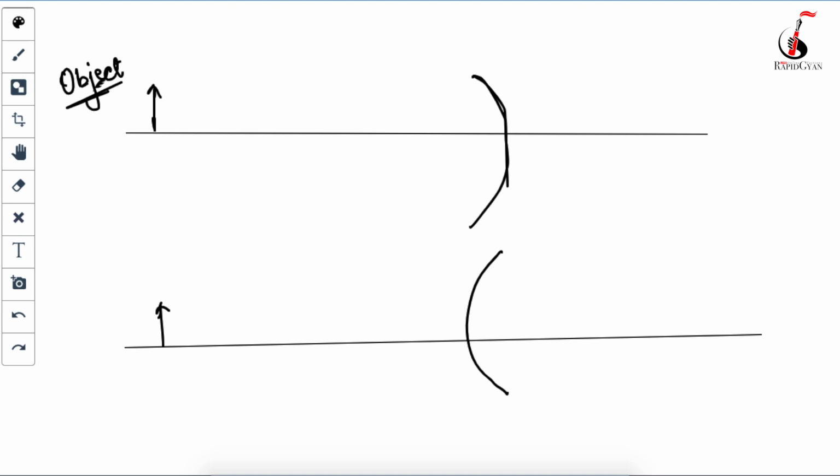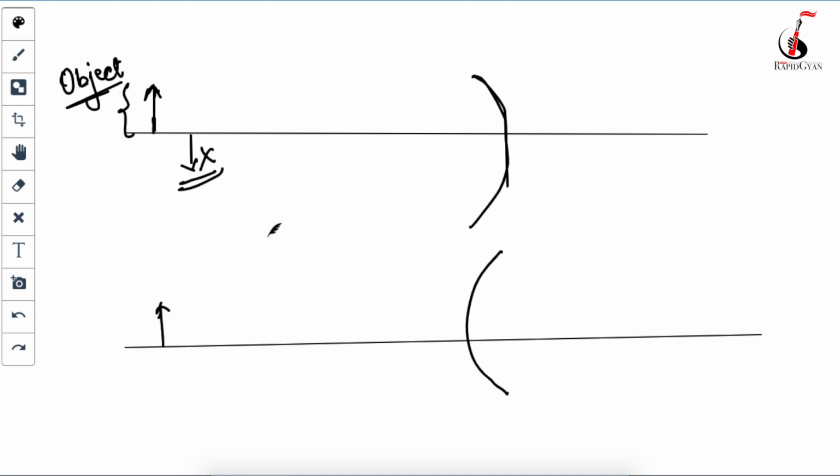Okay, and we always keep the object erect, means your object will always be upright like this. You can never get your object like this. No, this is wrong. These are a few assumptions.